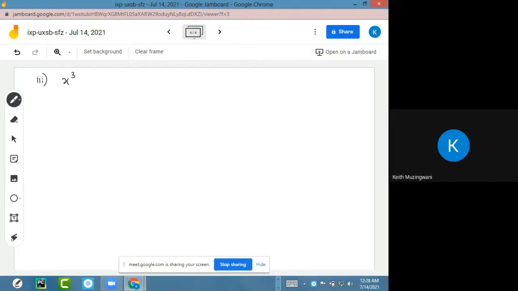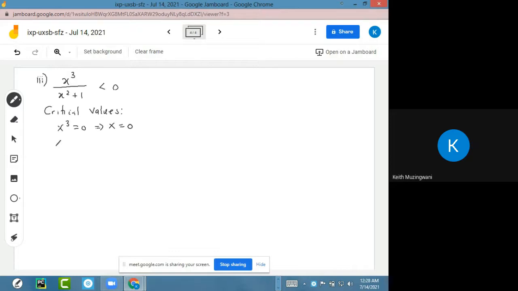x power 3 over x squared plus 1 is less than 0. So this one is already in the standard form. All we need to do is to get the critical values. For the numerator, x power 3 is equal to 0, implying that x is equal to 0.